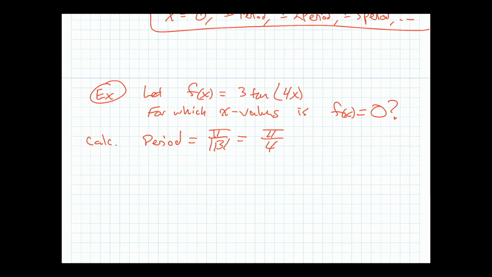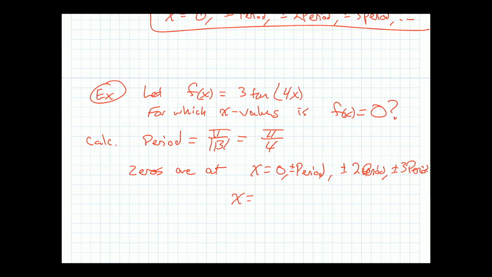All right. Now the zeros are at x equals 0, plus or minus period, plus or minus 2 periods, plus or minus 3 periods, etc. So what are they? x equals 0, plus or minus pi over 4, plus or minus 2 pi over 4, plus or minus 3 pi over 4, dot, dot, dot.